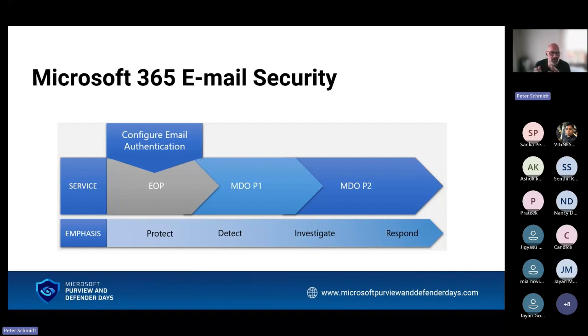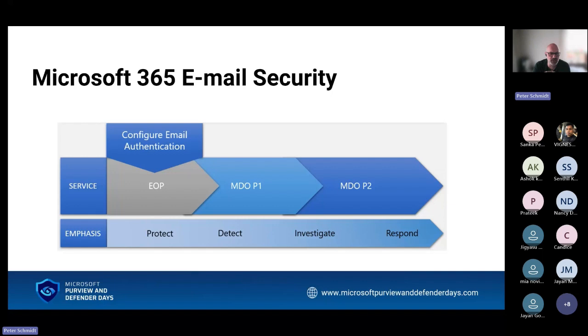When we talk about email security in Exchange Online, and thereby M365 email, we have different layers within any M365 tenant, so to speak. That is referred to as Exchange Online Protection, the EOP.